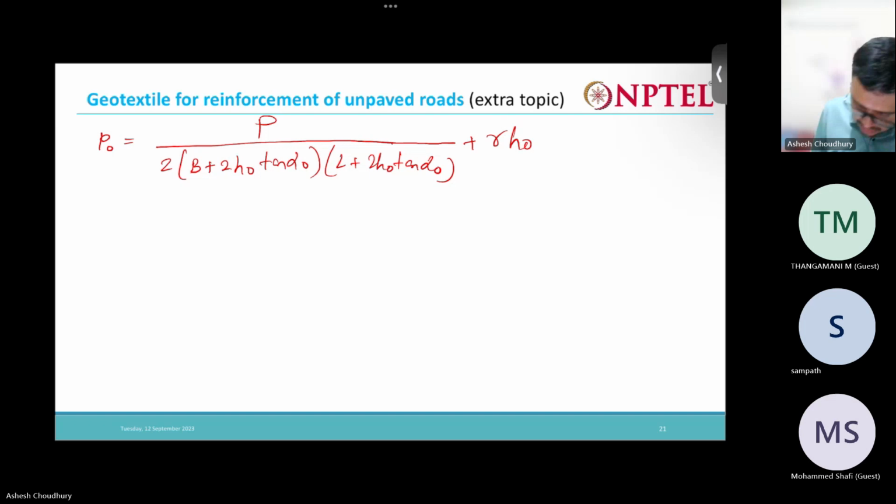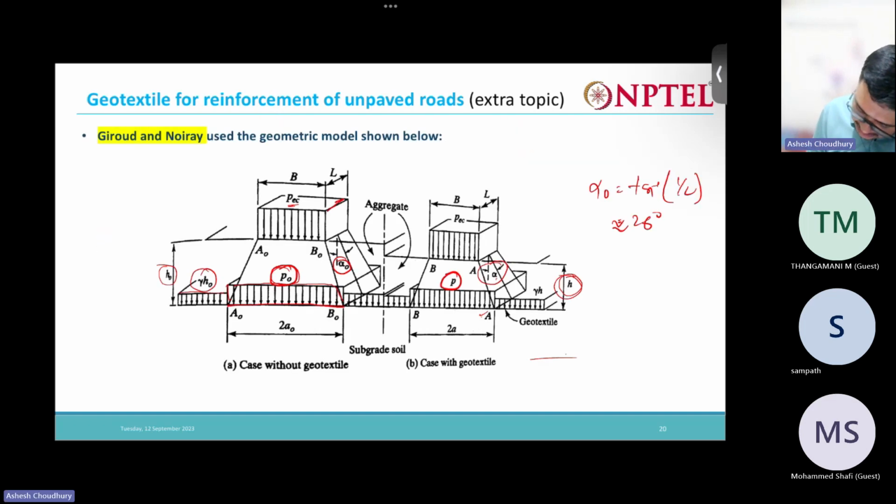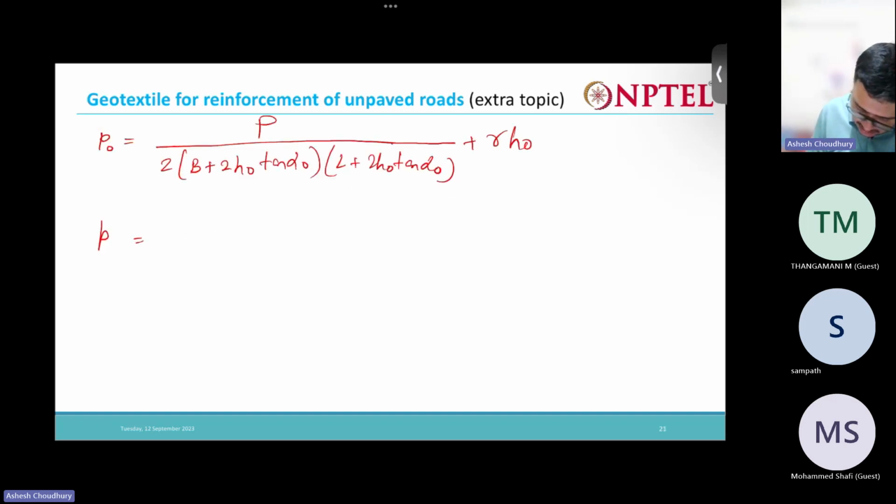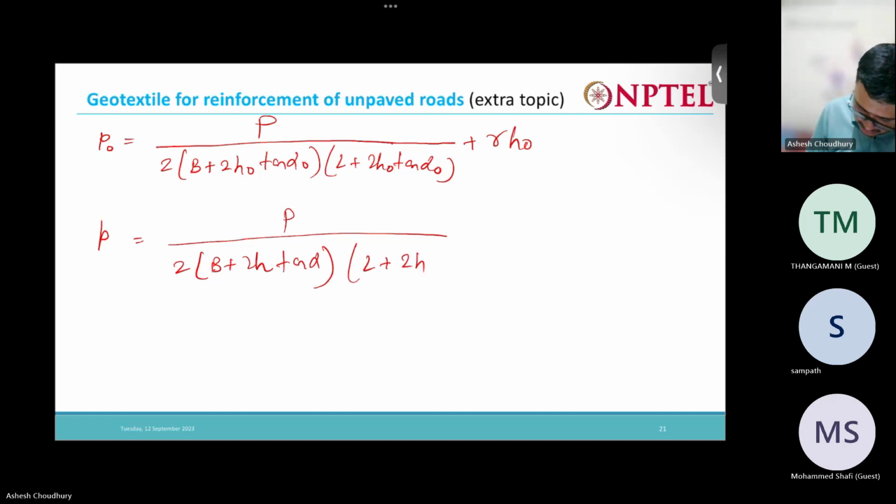All right. And this P, when we are using some reinforcement, is the same, but here it's H. What is this capital P?